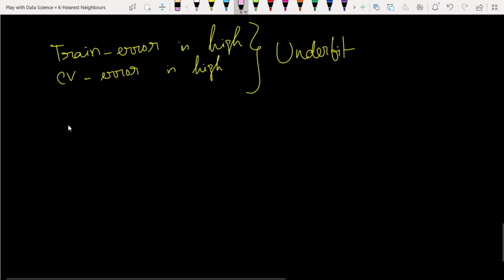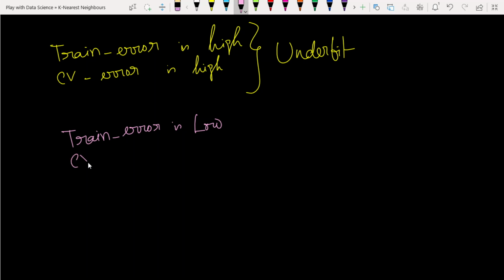And also we have seen that if our training error is low and our cross validation error is high, then this is an overfit model.